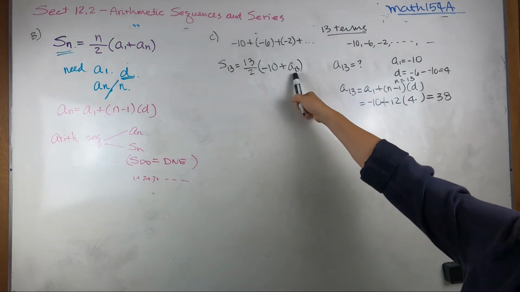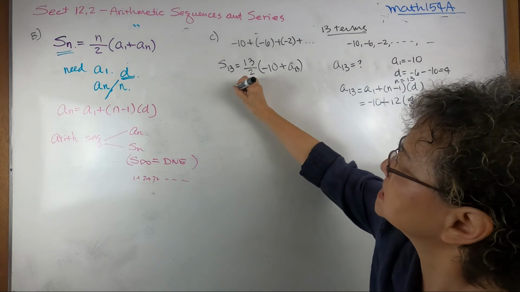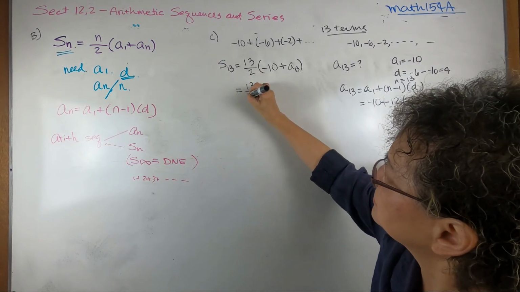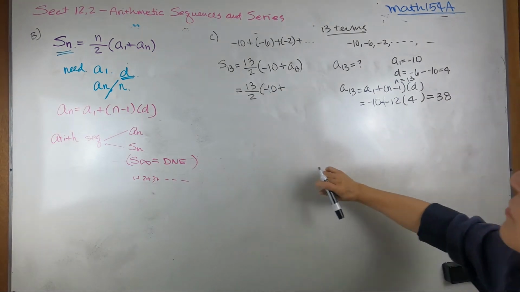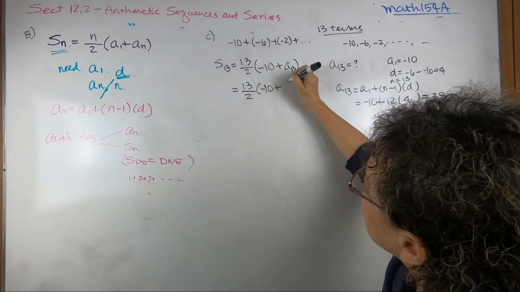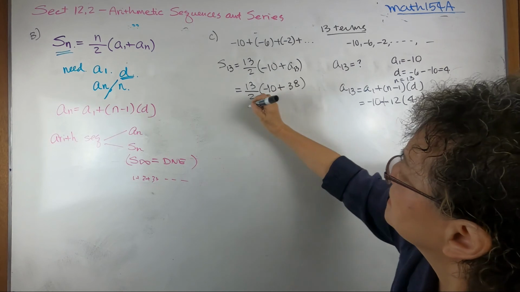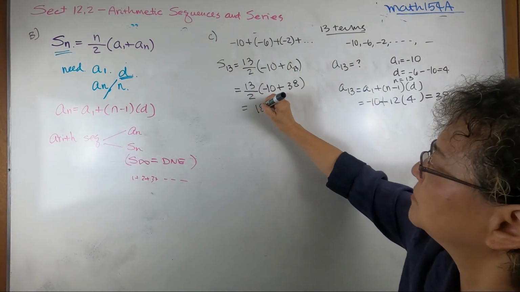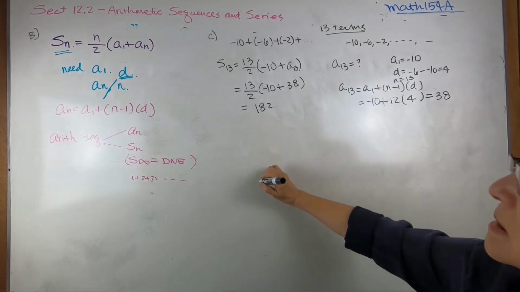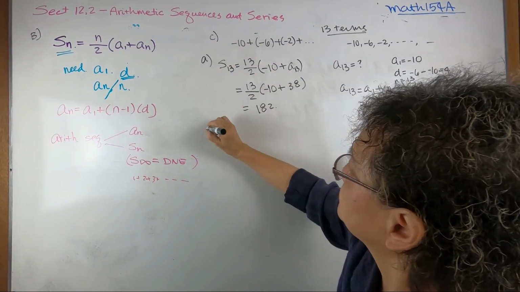Now we can plug back in to find the S13, right? So it's 13 divided by 2, negative 10 plus 38. Then you multiply them, and that would be 182. Okay?